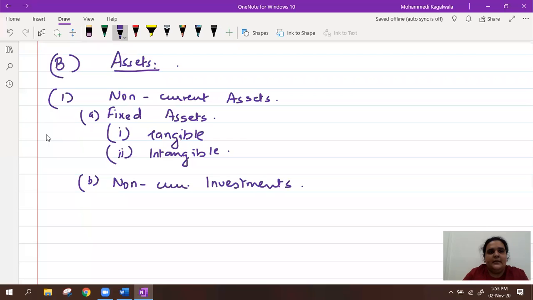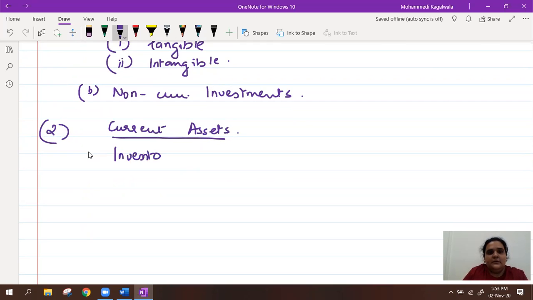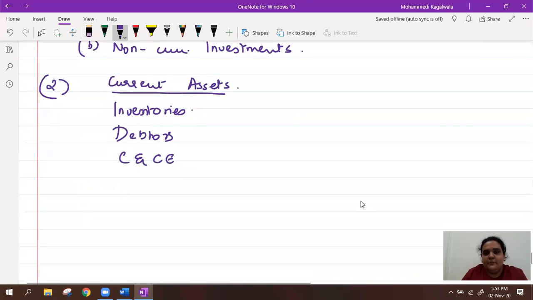And the second part in the assets is current assets. In current assets, we have inventories, stock, debtors, and cash equivalents. Okay. So this is going to give me the total here.